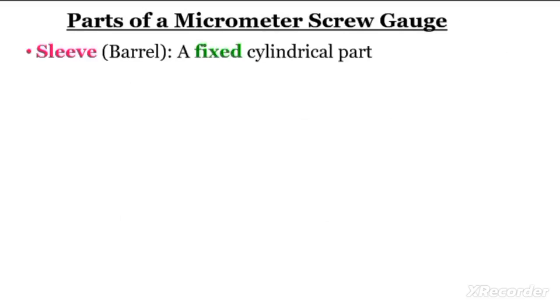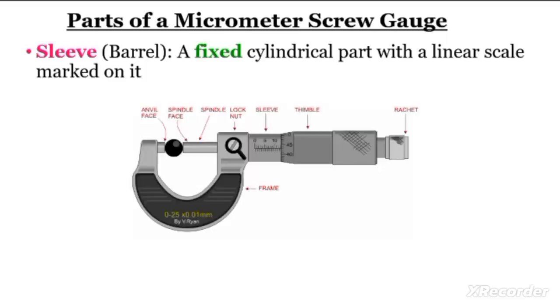So the next part of the micrometer screw gauge we are going to look at is the sleeve or barrel. Okay, so what is the sleeve? How can we describe the sleeve? So a sleeve or barrel is a fixed cylindrical part with a linear scale marked on it.